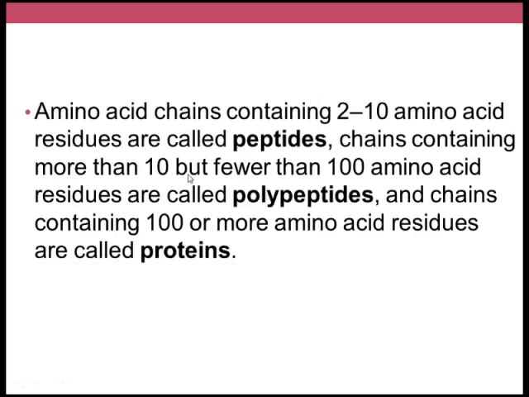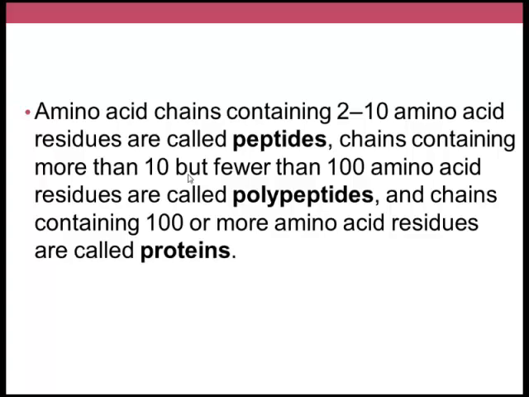Amino acid chains containing from 2 to 10 amino acid molecules are called peptides. Chains containing more than 10 but fewer than 100 amino acids are called polypeptides, and long chains containing 100 or more amino acids are called proteins.